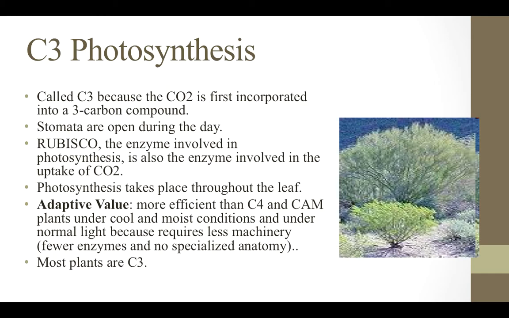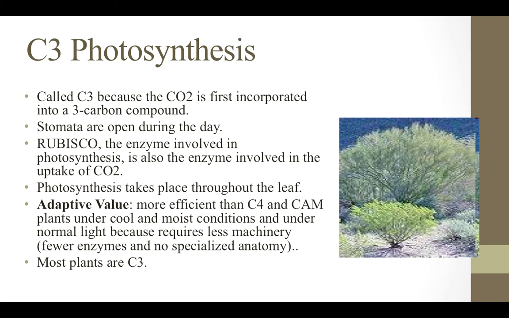So C3 photosynthesis. It is called C3 because the CO2 is first incorporated into a 3-carbon compound. The stomata are open during the day. Rubisco, the enzyme involved in photosynthesis, is also the enzyme involved in the uptake of CO2.